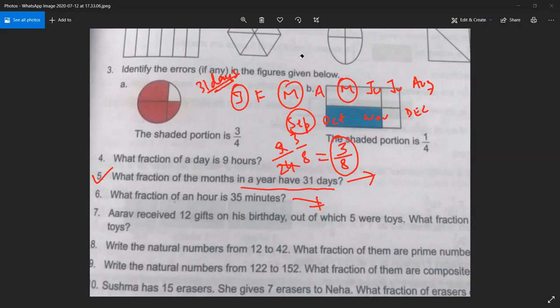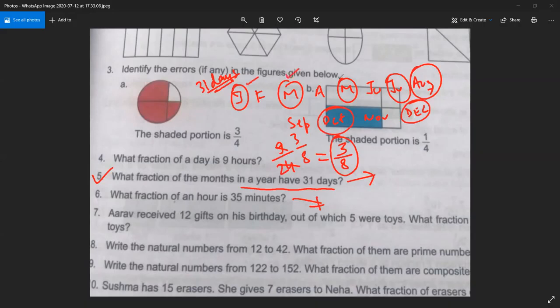It will be Jan, Feb, March, April, May, June, July, August, September, October, November, December. So all these circled months have 31 days.